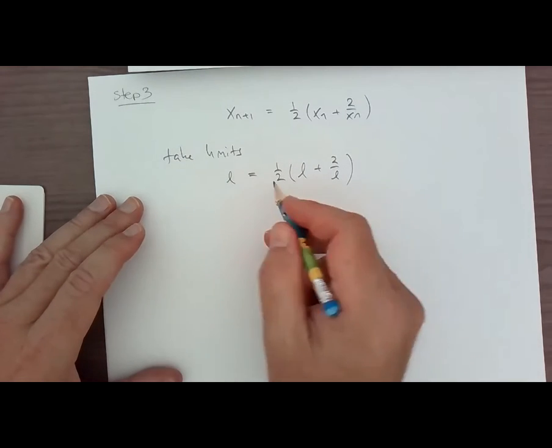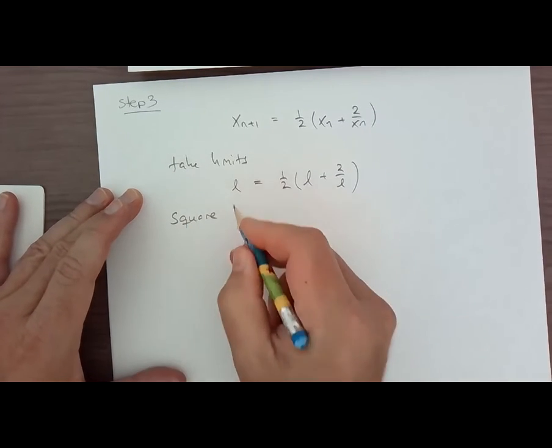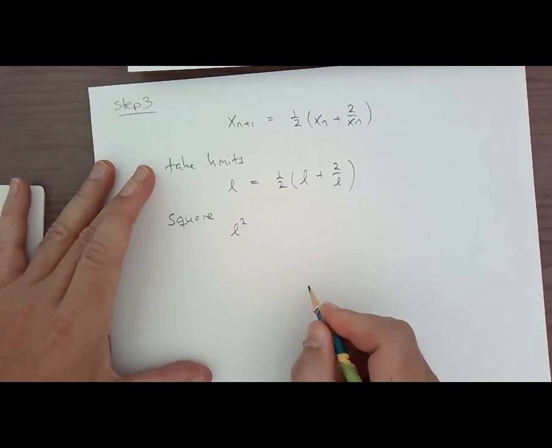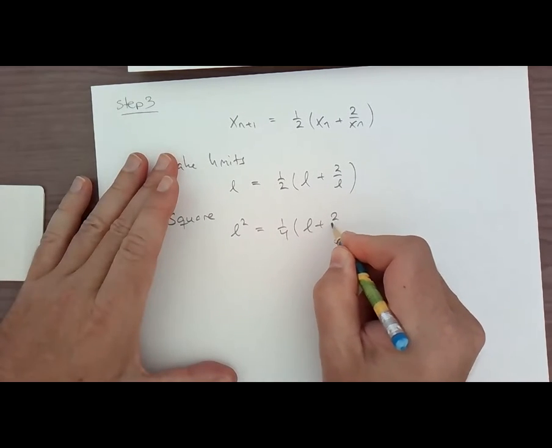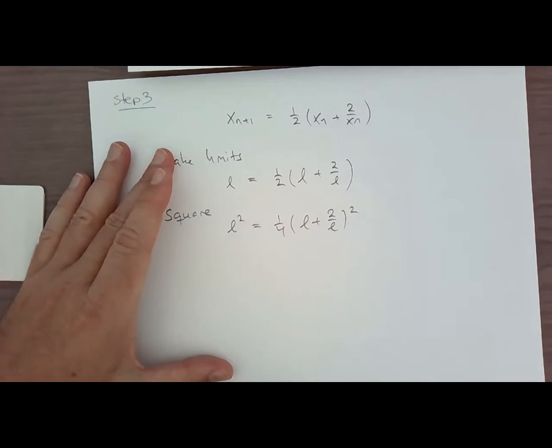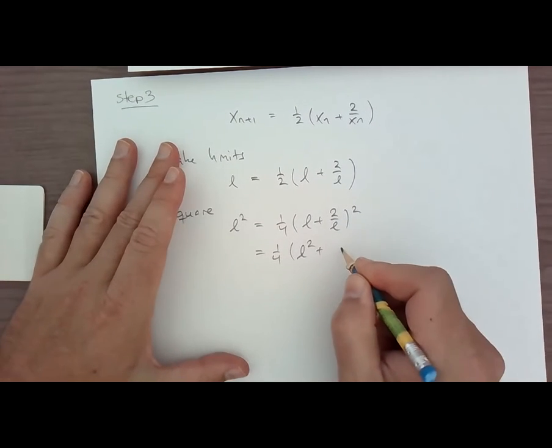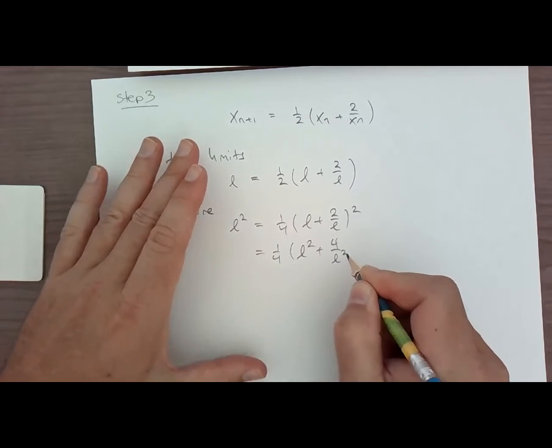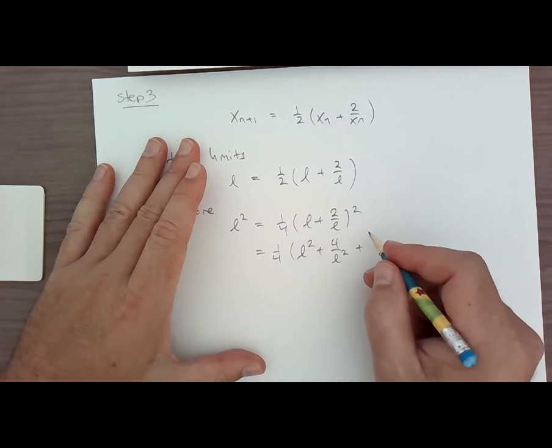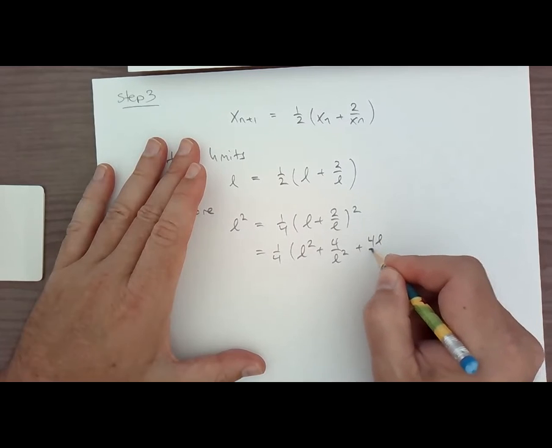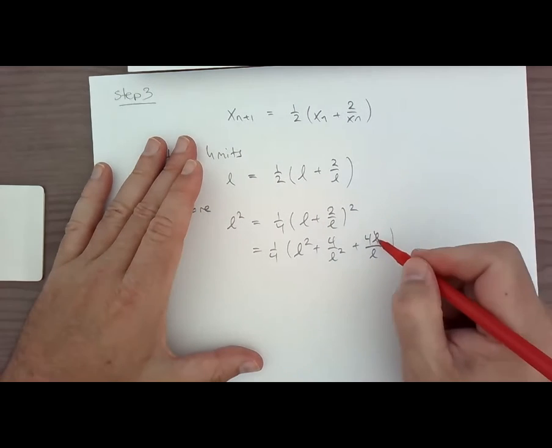Well, we just have to identify what L is. So we can square. We get L squared is equal to 1/4 times L plus 2 divided by L, squared. We factor out: L squared plus 4 divided by L squared, plus the double product, which would be 4L divided by L. We had that one before. The L's cancel out here.